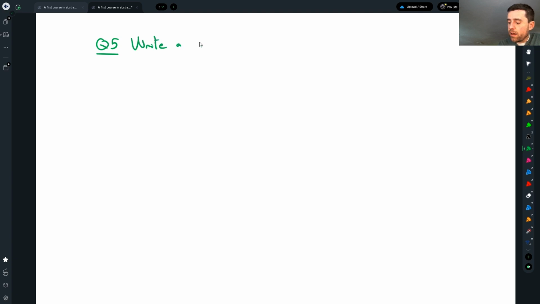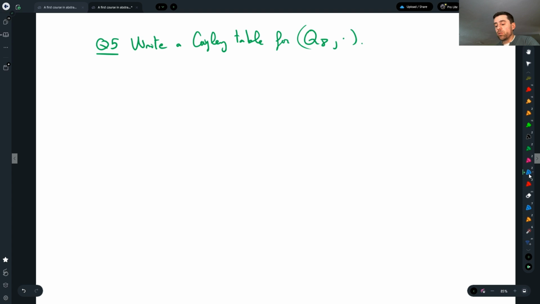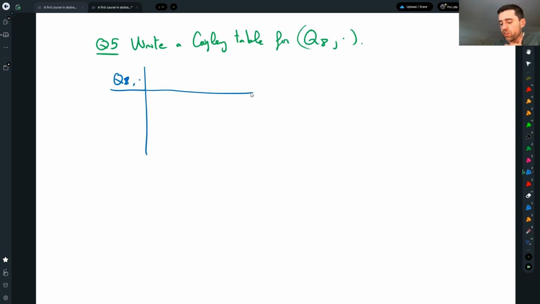Write a Cayley table for Q8 under multiplication. What that means, remember, a Cayley table is a table of multiplication of elements by elements. In principle, I would have to write a table in Q8 and their multiplication of every single element.